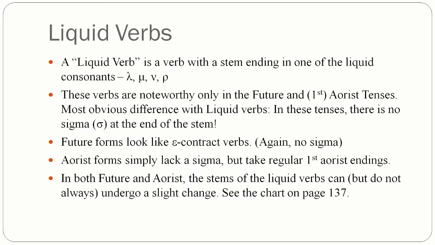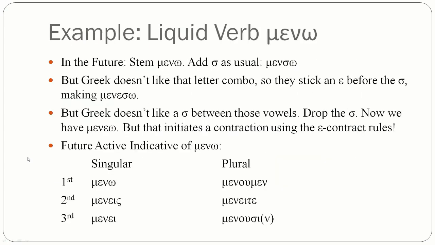So it's one thing to talk about it in theory, but let's go over an example. Your liquid verb menō. In the future tense, there is no stem change, so we are going to add our sigma as usual. But Greek doesn't like that letter combo, so they're going to stick an epsilon before the sigma, making menesō.